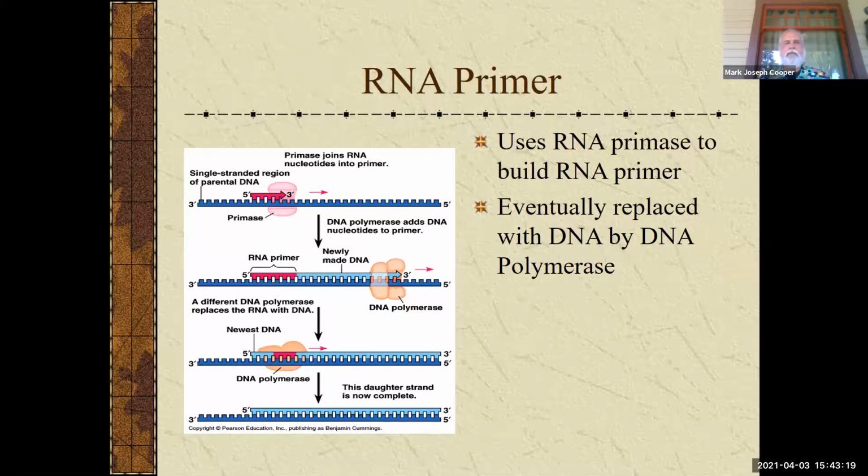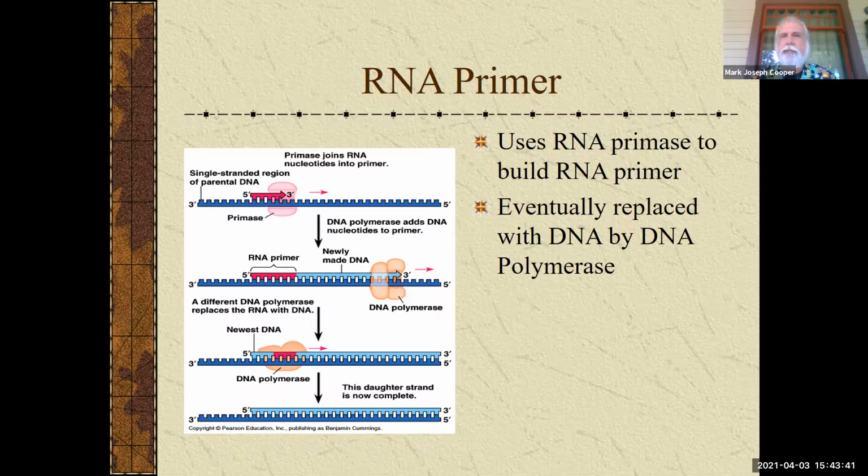All right, and then what we're going to talk about is that DNA, when it replicates, cannot start itself. So actually what happens is it has to be started by a piece of RNA. It turns out it's usually about 5 nucleotides long, and we call these things primers. And there's an enzyme that does that.